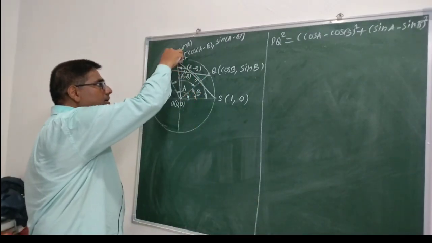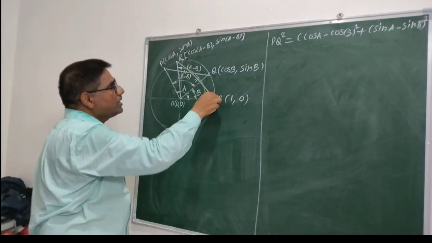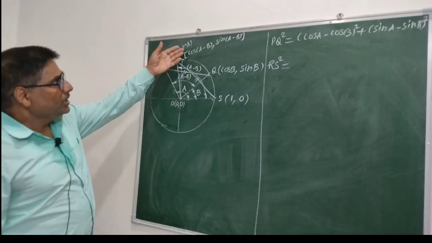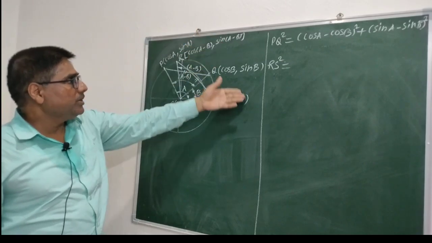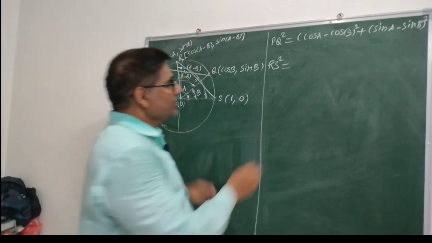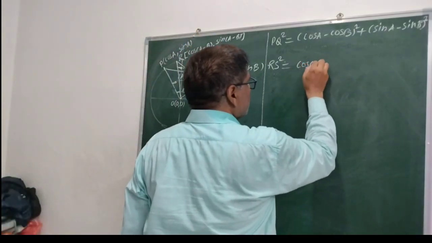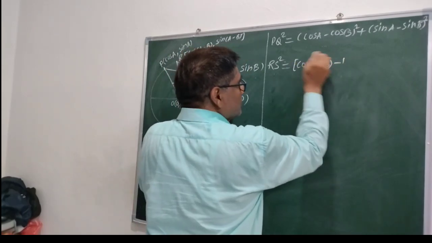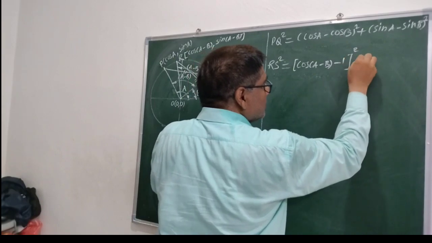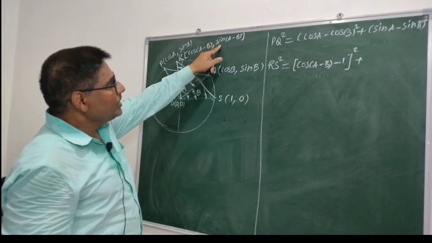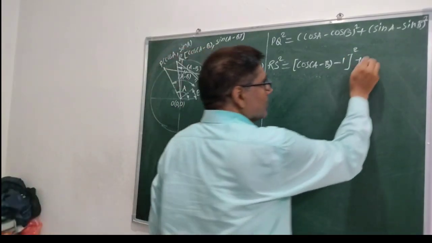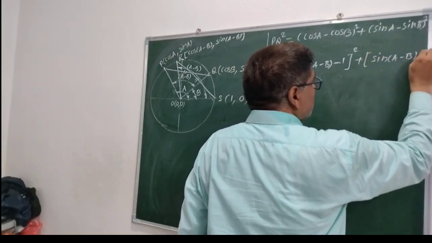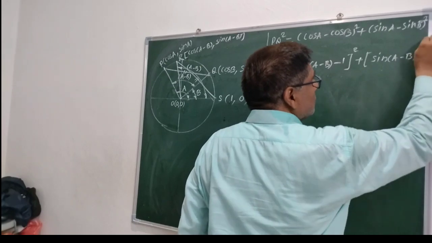Similarly, using the distance formula, RS square is equal to x2 minus x1 whole square plus y2 minus y1 whole square, that is, cos A minus B minus 1 whole square plus sin A minus B minus 0 whole square.